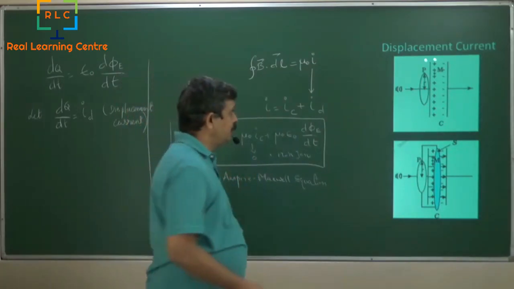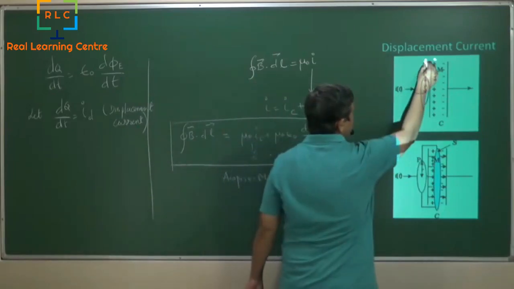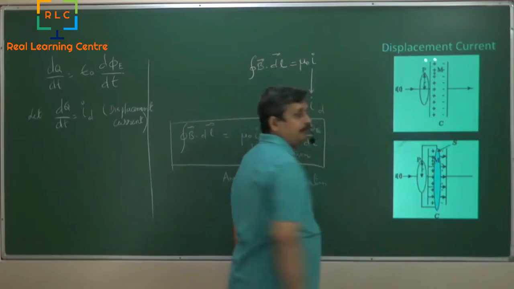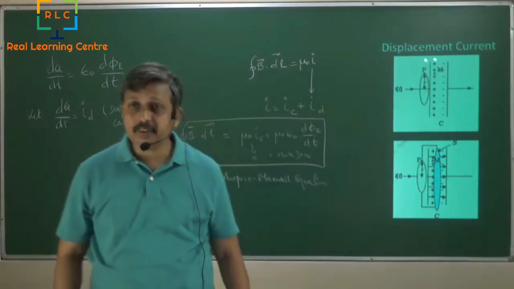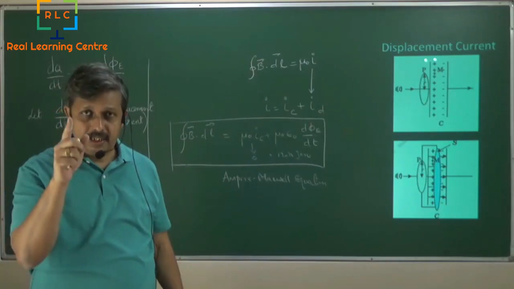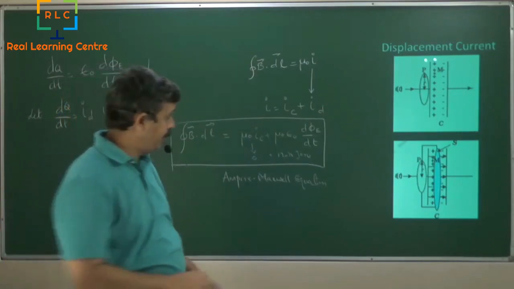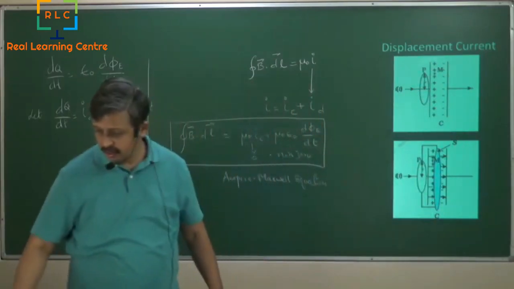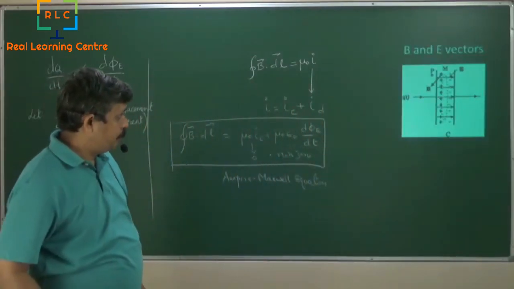So that means that B at this point is nothing but, when you take a circle here, the B at this point is what we call a tangential one. I think the picture that will make it easier for you to understand is the next picture, B and E vectors.